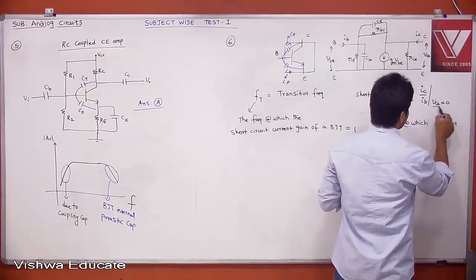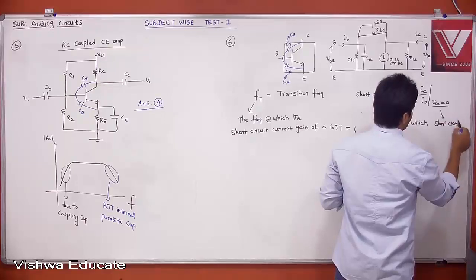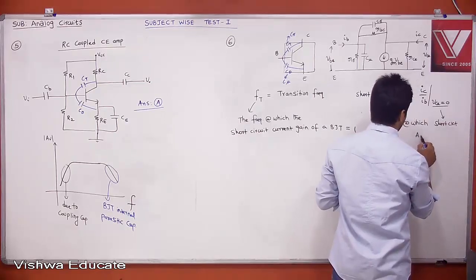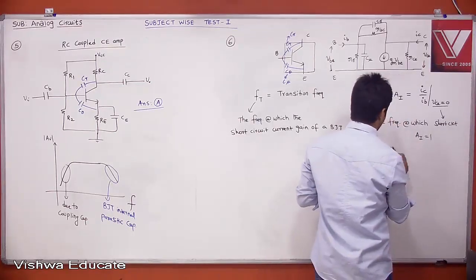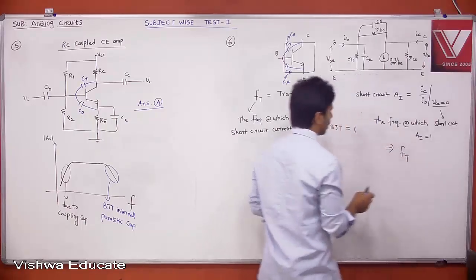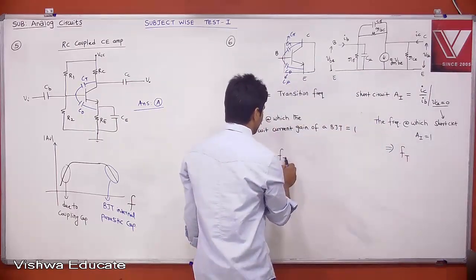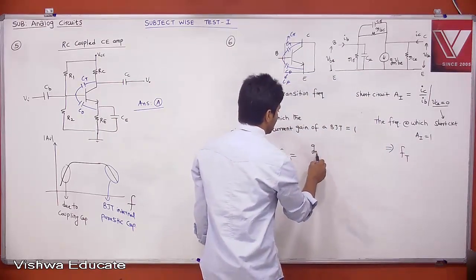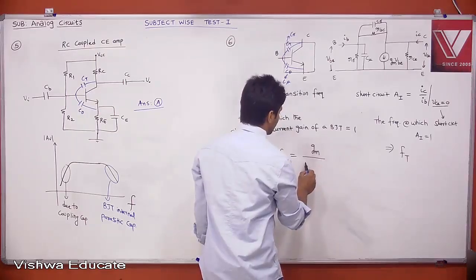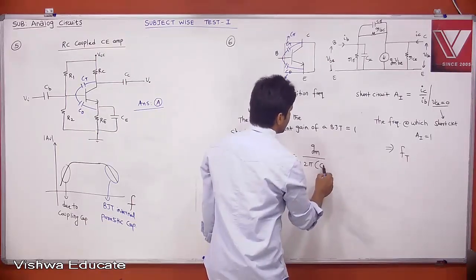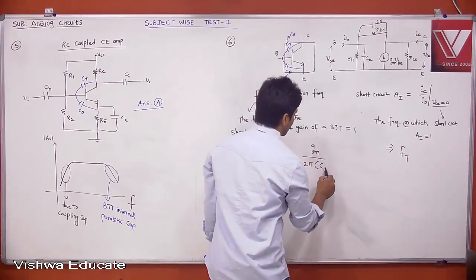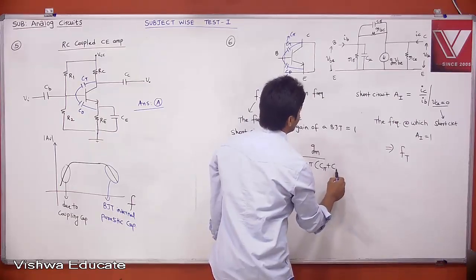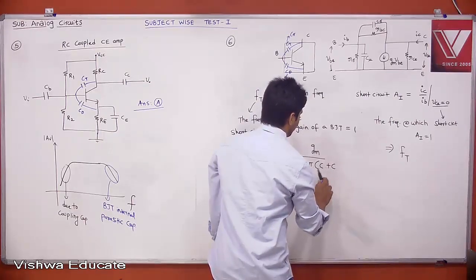Short circuit is indicating this. Short circuit AI equal to 1 is nothing but your FT. If you calculate, FT is equal to GM divided by 2 pi into C pi plus C mu, that is CD plus CT.